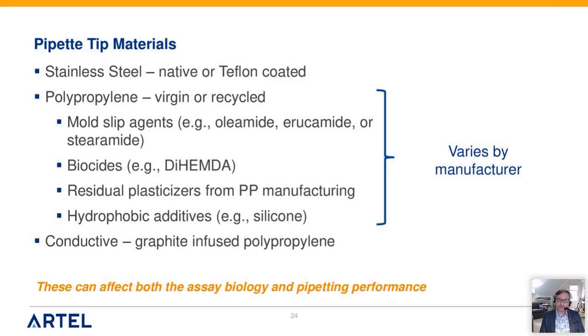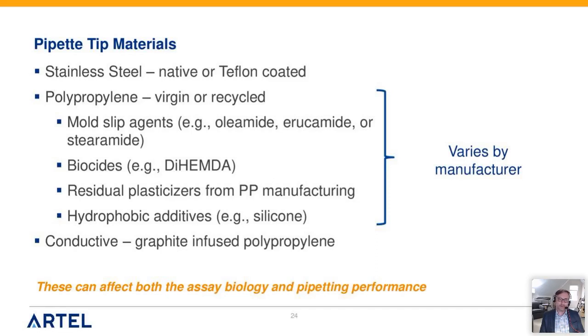Some people use mold slip agents, biocides, residual plasticizers from the manufacturing. Sometimes there's hydrophobic additives like silicone. And the issue here is, if you go to reputable manufacturers, these are less of an issue.